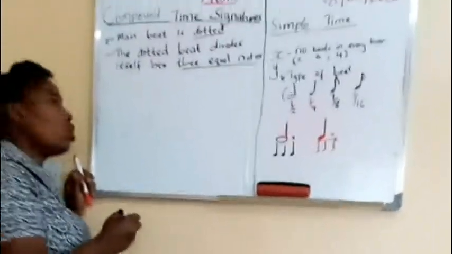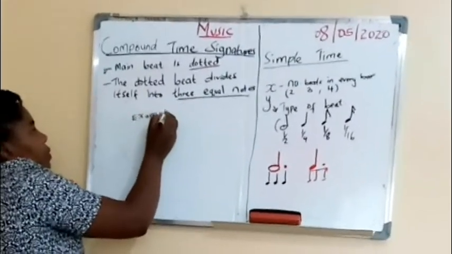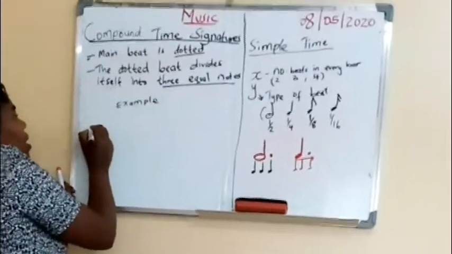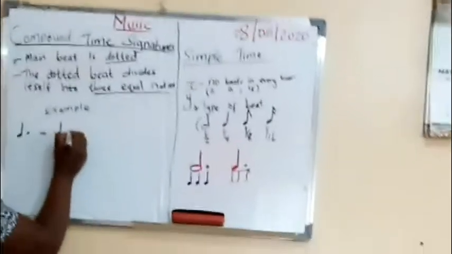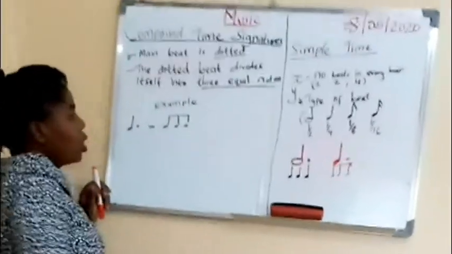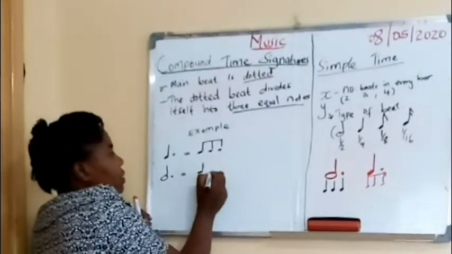And here we can note an example. This is a dotted crotchet. It divides itself into 3 quavers, as we have seen here. Or a dotted minim dividing itself into 3 crotchets.